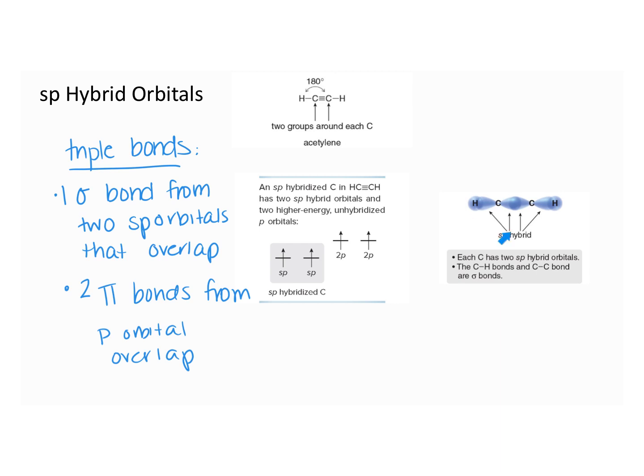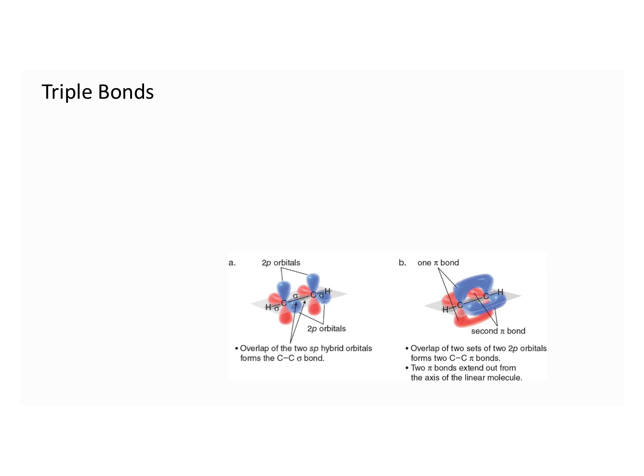The sp hybrid orbitals are forming, for example in this molecule, the carbon-hydrogen bond here, and then the carbon-carbon bond here. And so we're going to have those p orbitals above and below the plane there. We can see that here, where we've got one that is perpendicular to the plane, and the other one that's also perpendicular to it.